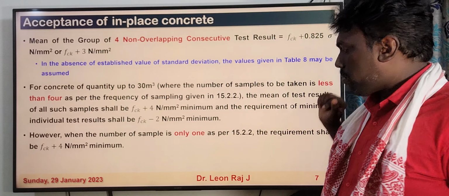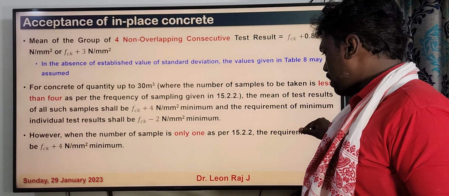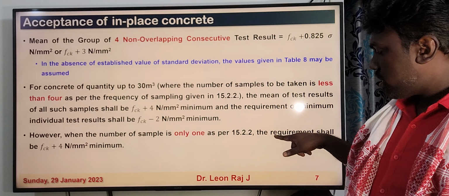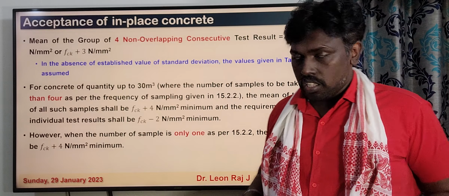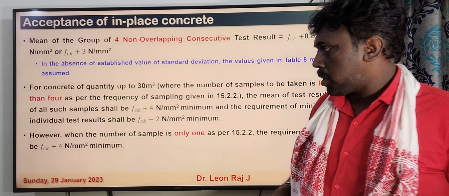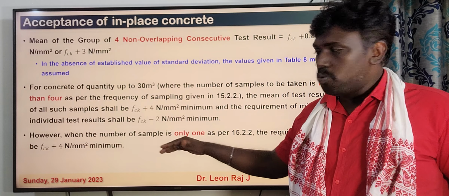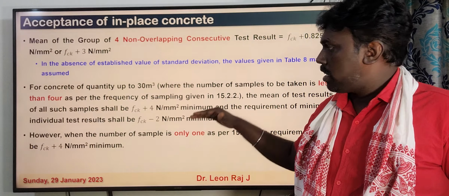However, when the number of samples is only 1, as per IS 456 section 15.2.2, the requirement shall be fck plus 4 Newton per mm square. Here the individual test result criteria is not mentioned.